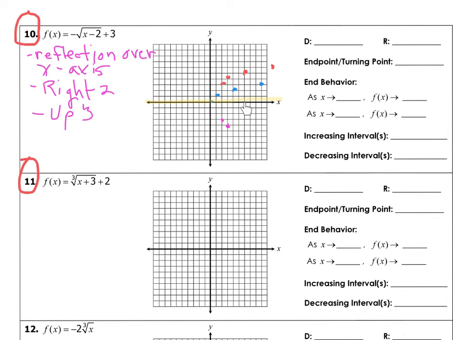Yep. So 1, 2, 3, 4, 5 right there. Okay. Our last point right here is 1, 2, 3, 4, 5, 6 away. So 1, 2, 3, 4, 5, 6 right there.